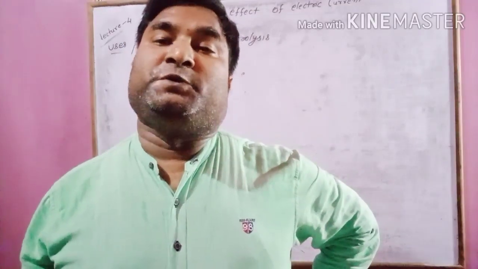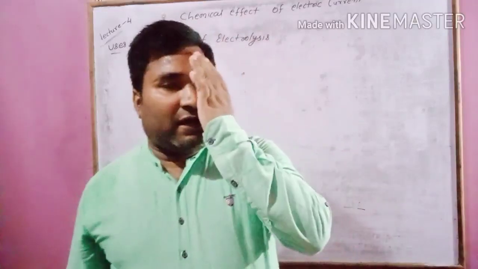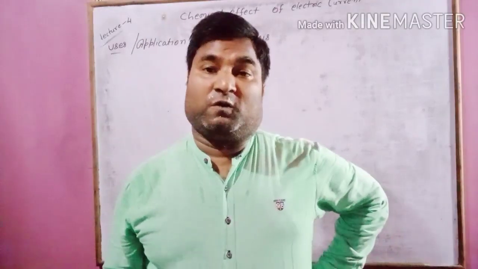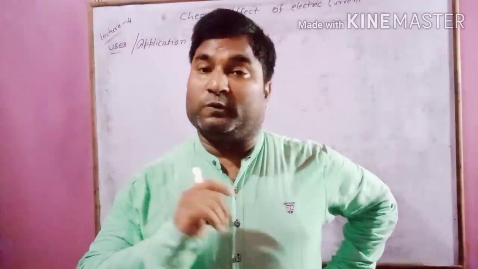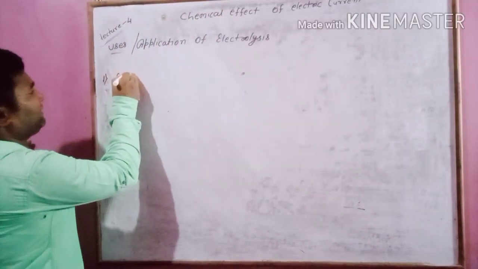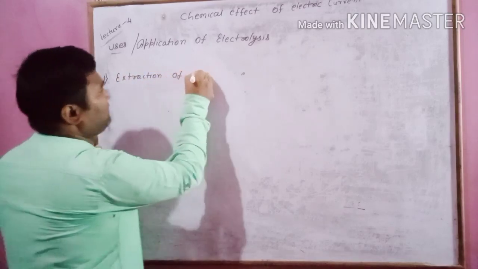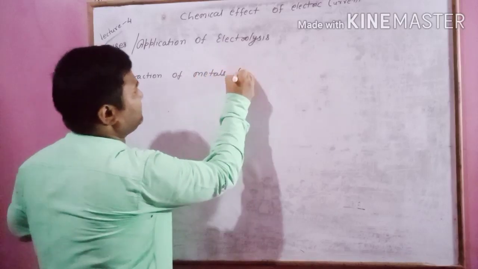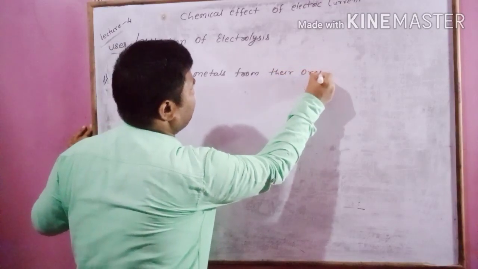See, today we are going to discuss uses and applications of electrolysis. What are the uses or applications of electrolysis? First, electrolysis is used for purification or extraction of metals from their ores. Means the first application is, it is used for extraction of metals from their ores.